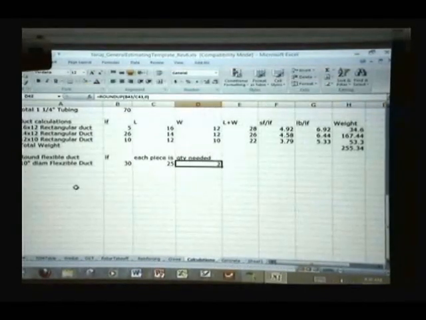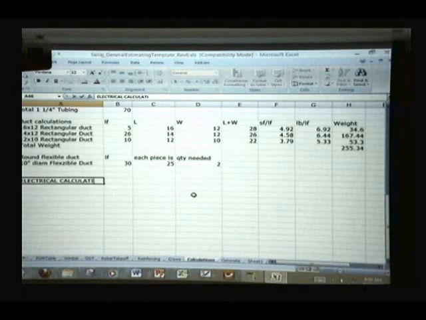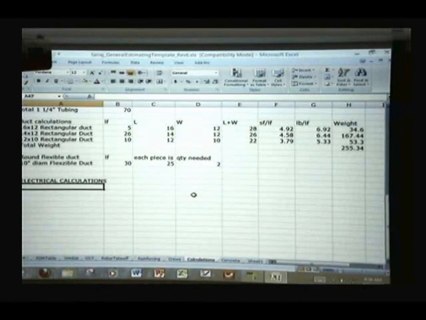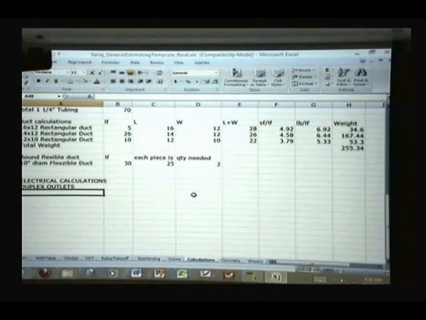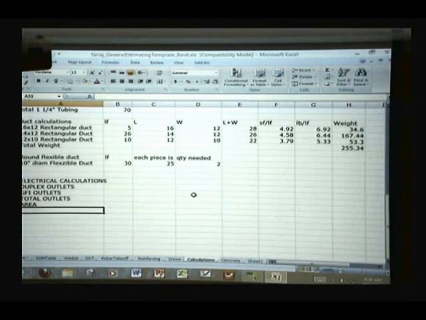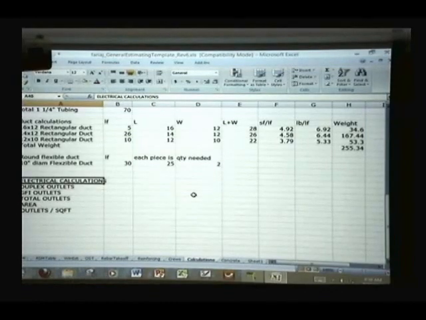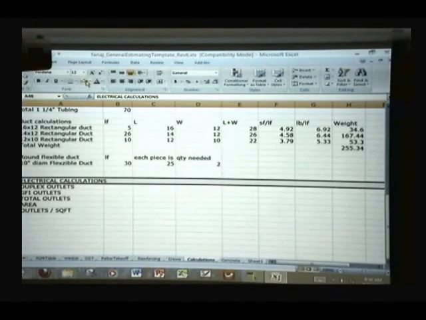So in my calculations area, I can have electrical calculations. So I have duplex. So I can have a section here for electrical calculations.